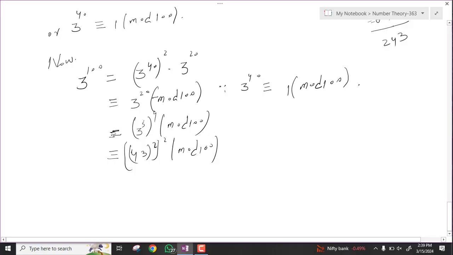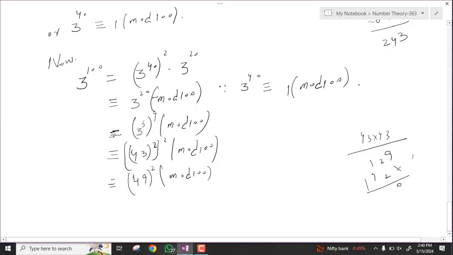So this is congruent to 49 squared under modulo 100. How is this equal to 49? See here, 43 into 43. 3 threes are 9, 3 fours are 12, and 4 threes are 12, 2 and 1 carry, 4 fours are 16 plus 1 is 17.